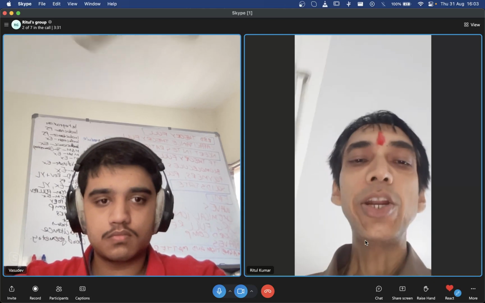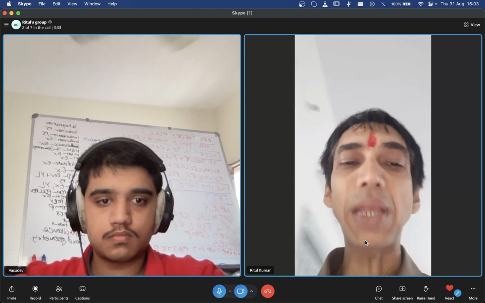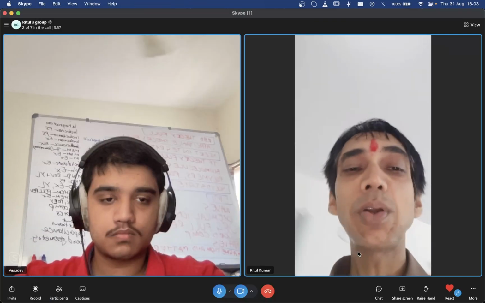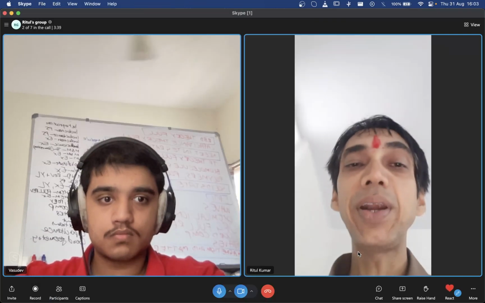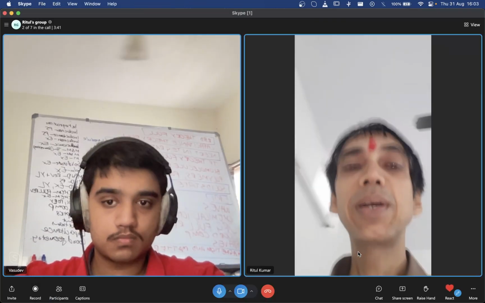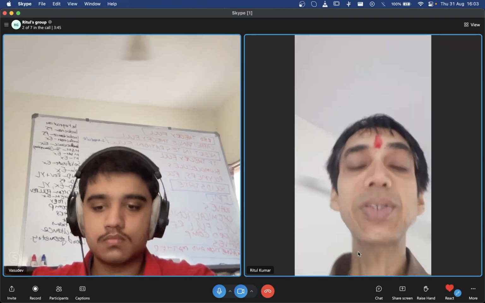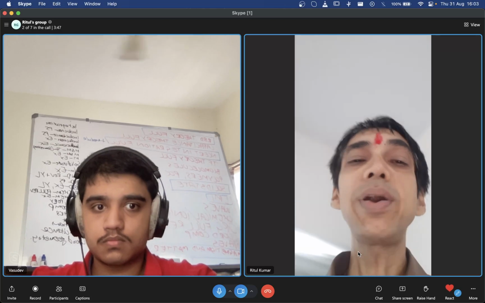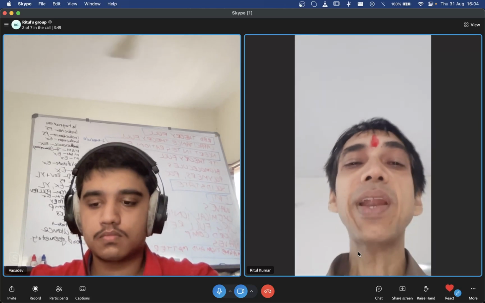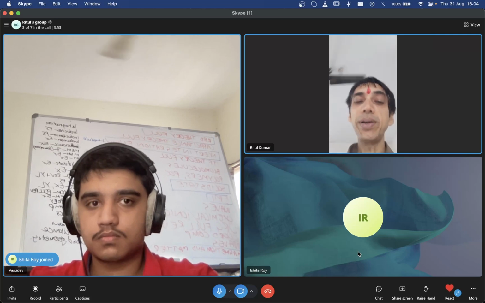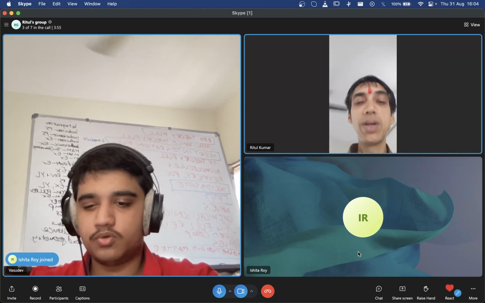But there is a condition with this solenoid, and that being either it is, which is not practically possible, of infinite length and significant radius. I repeat, either it is of infinite length and significant radius, or it is of significant length and infinitesimally small radius.